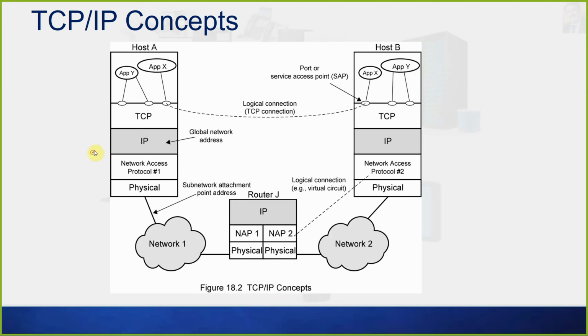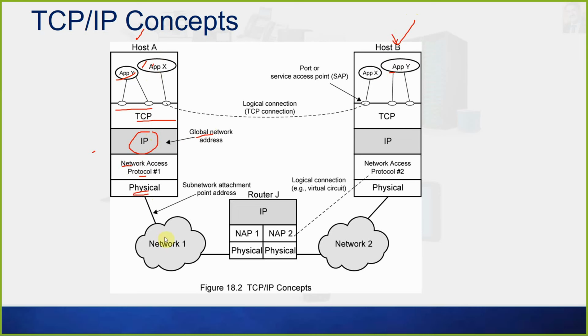Host A, running applications X and Y, needs to communicate with applications X and Y on host B. This happens on TCP, the transmission control protocol. The global network addresses are identified in IP, internet protocol. Then we have the network access protocol, then the physical layer. So these are the four layers in TCP/IP.